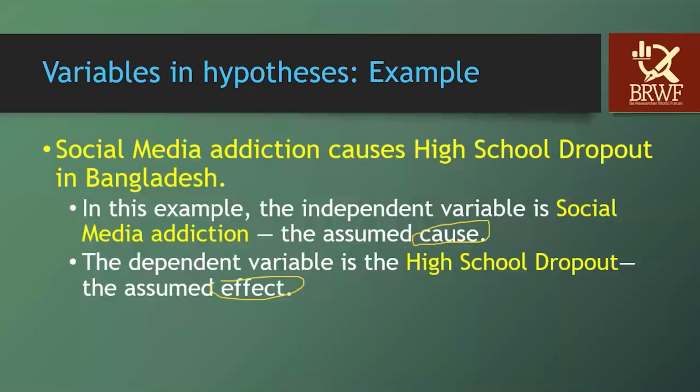And independent is CNN. That's right. Thank you. So we can set a research question or hypothesis like this. It should be testable. When you have dependent and independent variables and a cause-effect relationship, then it can be testable.